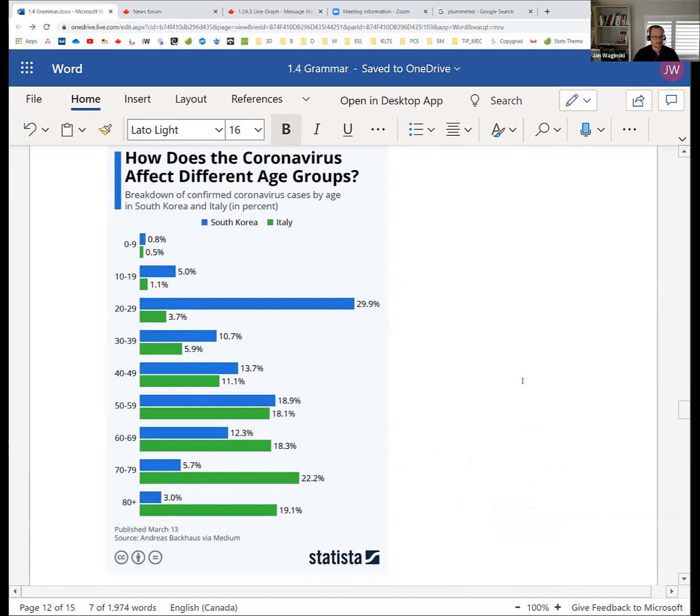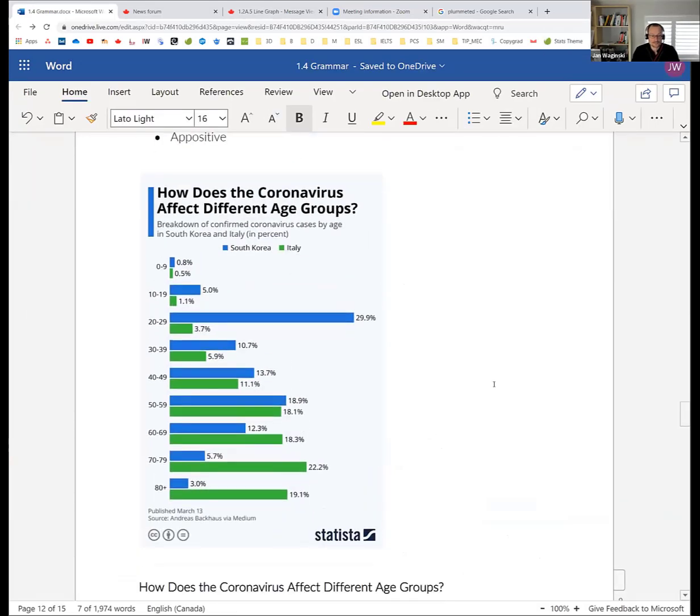Okay, Rama, if you're there. Tell us about this next graph. Okay, this shows us the age group of coronavirus affected people in South Korea and Italy. Good. So that's your context. Now, what's your general overview?